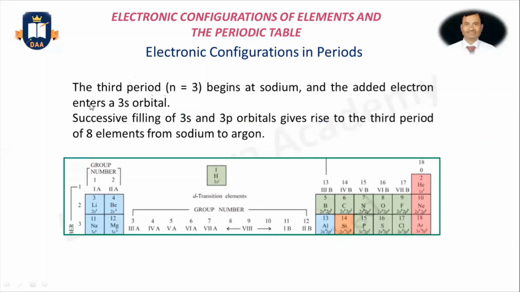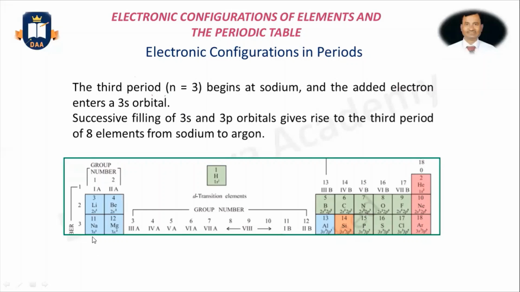Now we'll go for the third period, where the principal quantum number n is equal to 3. So here also you can find 8 elements: sodium, magnesium, aluminum, silicon, phosphorus, sulfur, chlorine, and last argon, the noble gas.